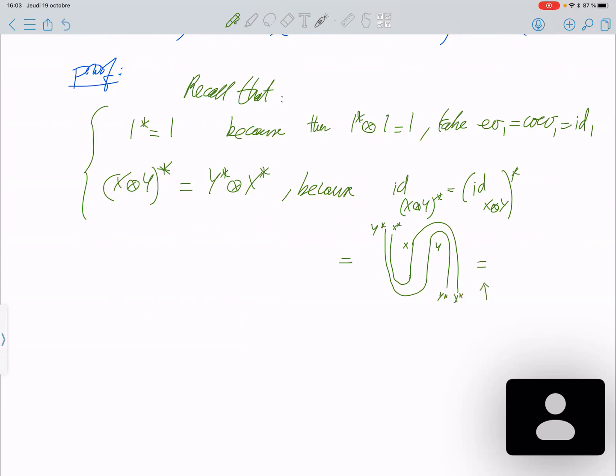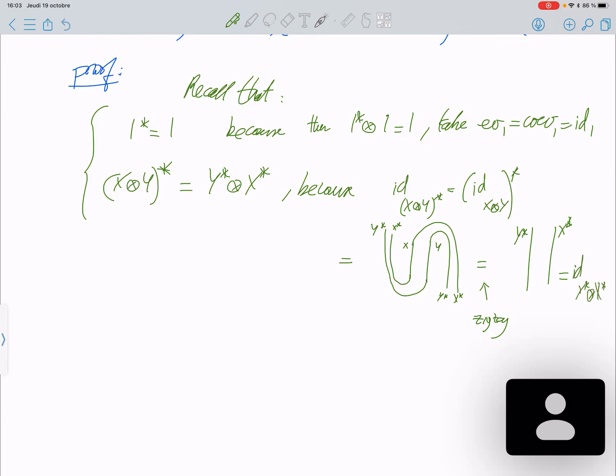Then you apply the zigzag relation, you get Y star, X star, which is the identity of Y star, X star.